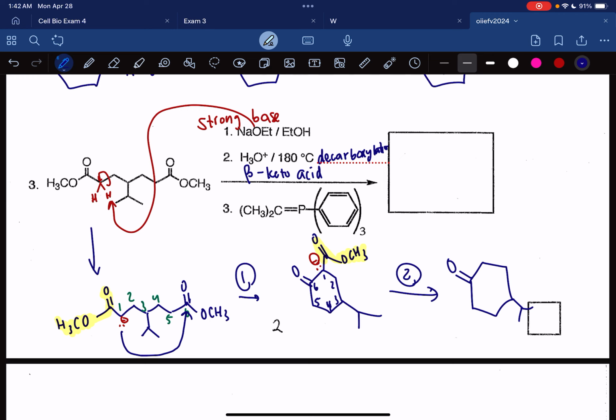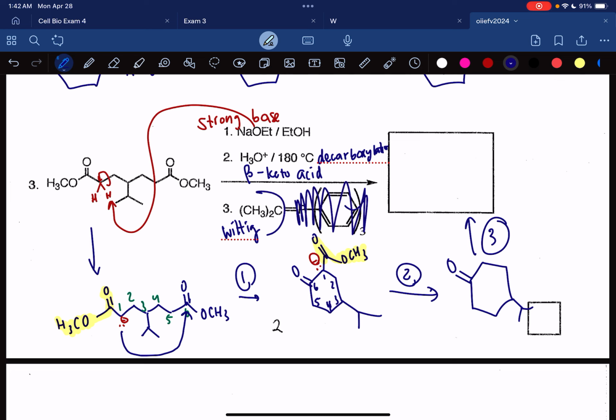Yeah. And then the third step, whenever you see this P here, this is called the Wittig reaction. So all the Wittig does, in simple terms, is whatever's on the other side of the P, so you can ignore this whole part, whatever's on the left side is going to replace the ketone. So this replaces the ketone with the carbon.